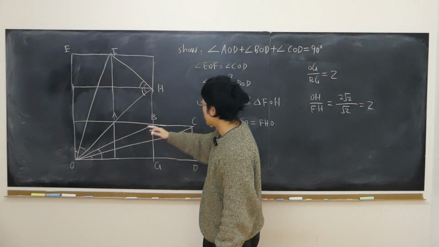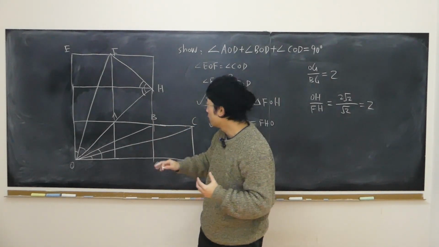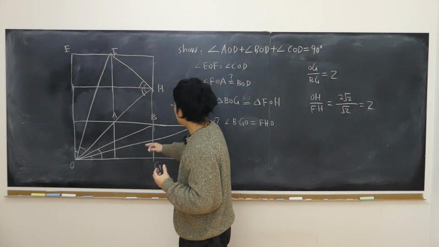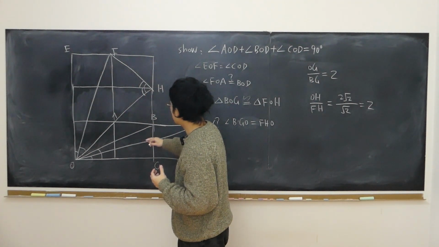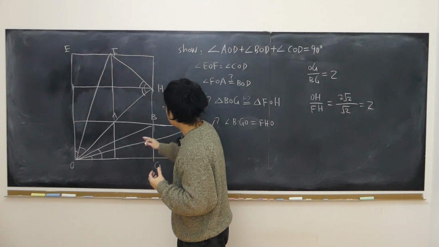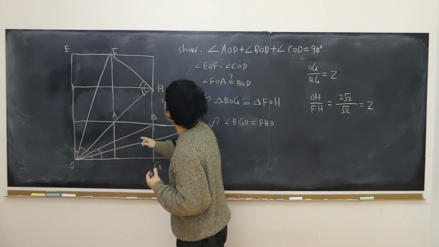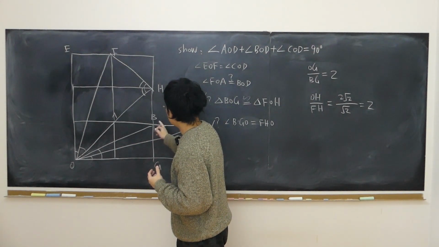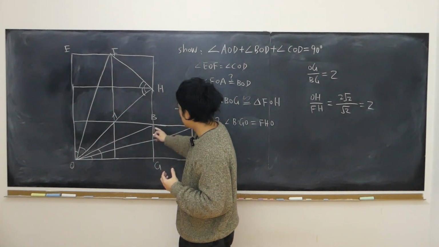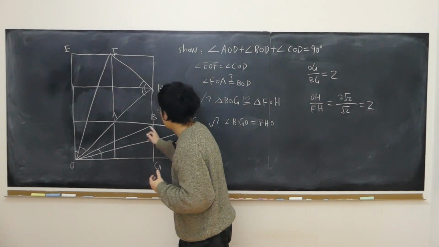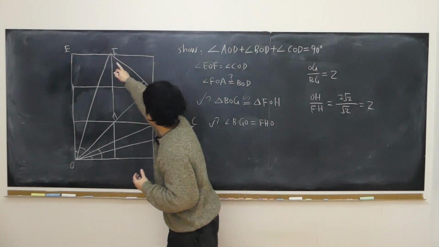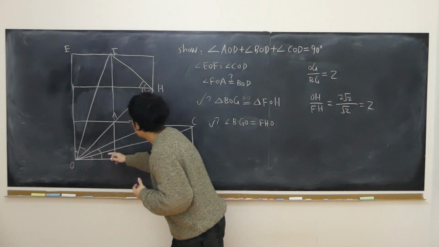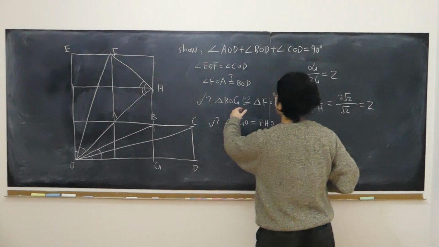So that means their corresponding angles must be the same. So first of all, they're both right angle triangles, right? Then their corresponding angle. What's their corresponding angle? First of all, the corresponding angles are angle BOG and angle FOH, they must be equal, right?